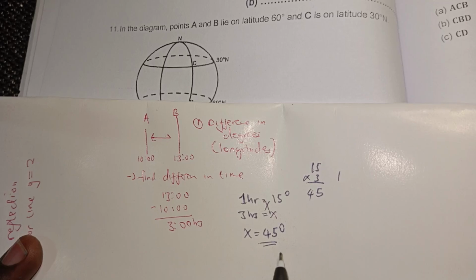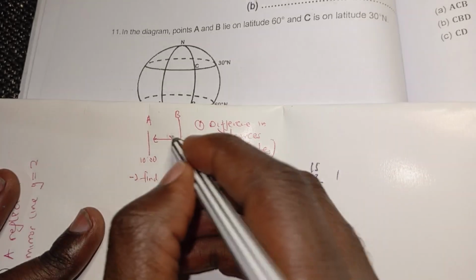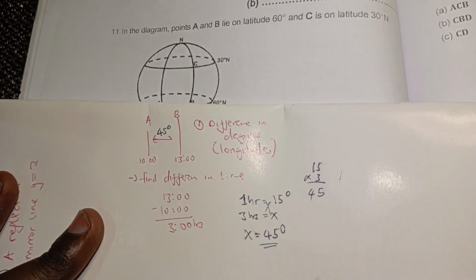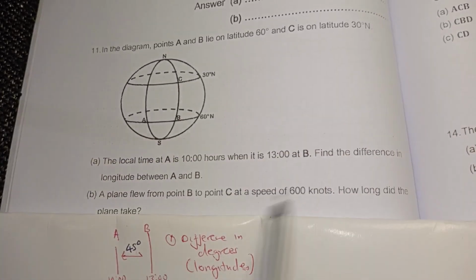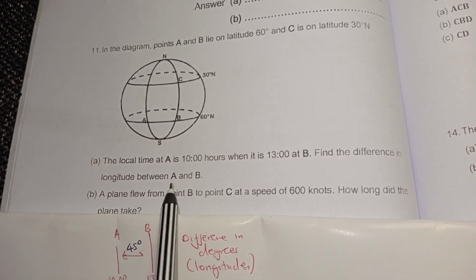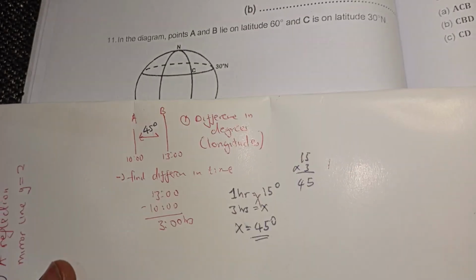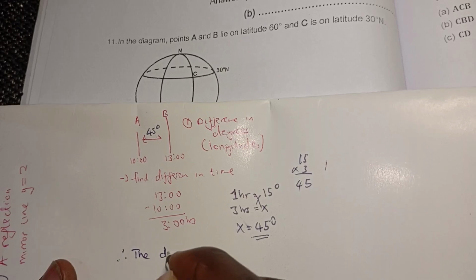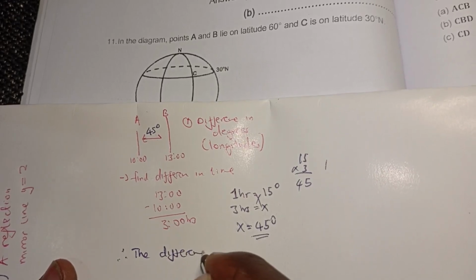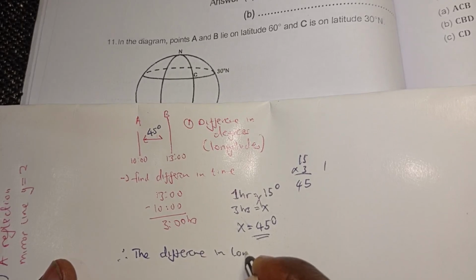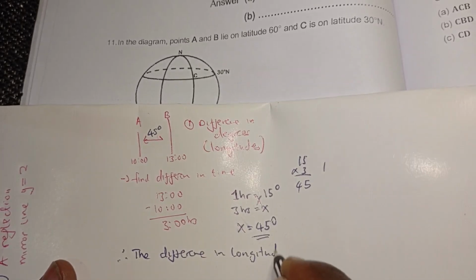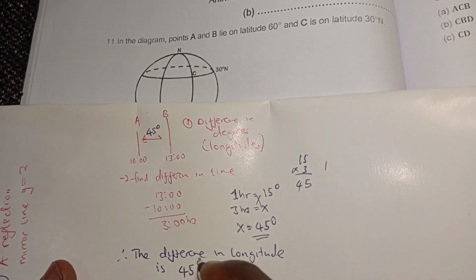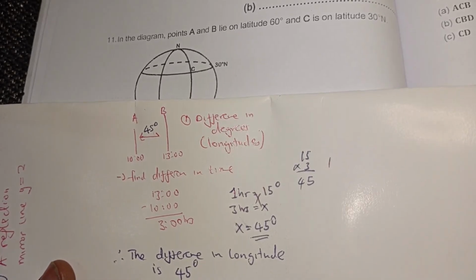So now that we found the difference, this is the difference in degrees. That's what the question wants here: find the difference in longitude between point A and B. So we're going to say, therefore, the difference in longitude is 45 degrees.